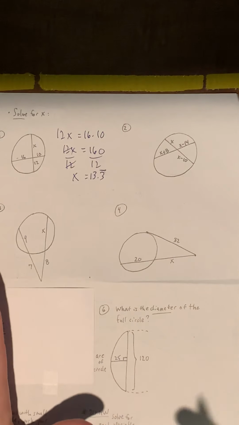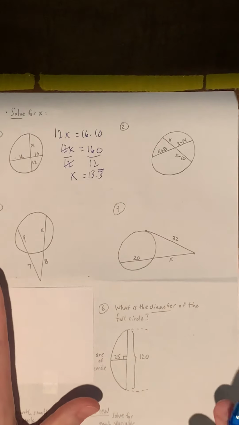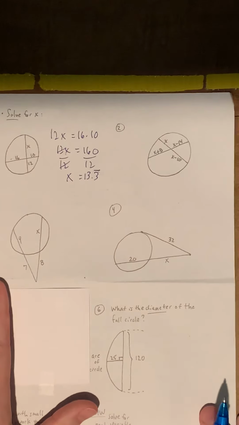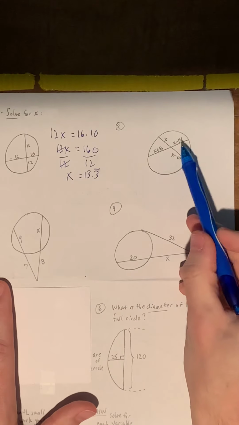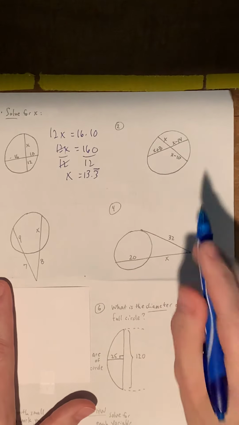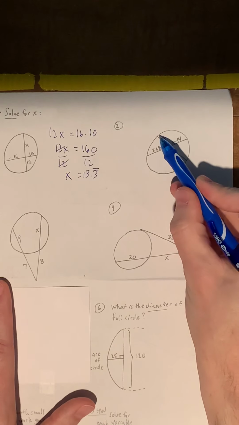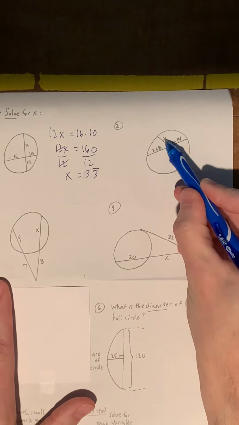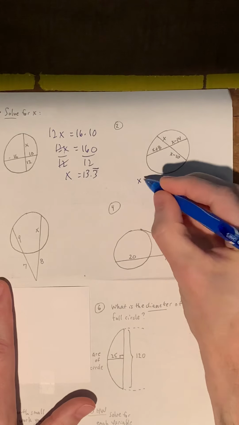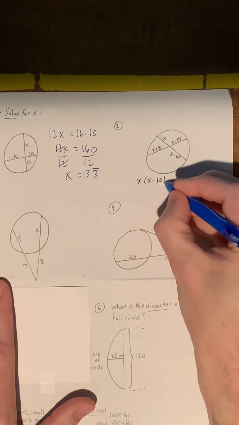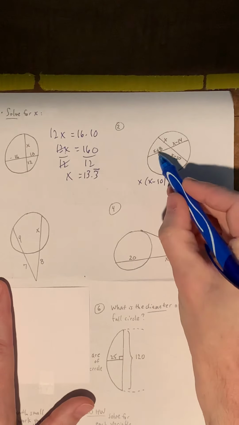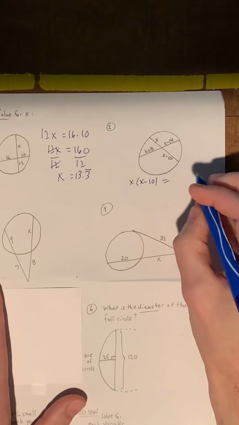All right, number two. Now we have some expressions here, but you still have to set up your equation. So we're going to do piece times piece: x times x minus 10 is equal to x plus 8 times x minus 14.